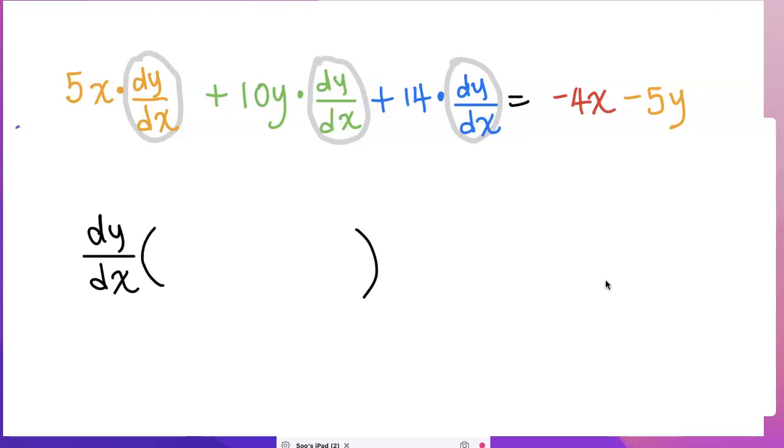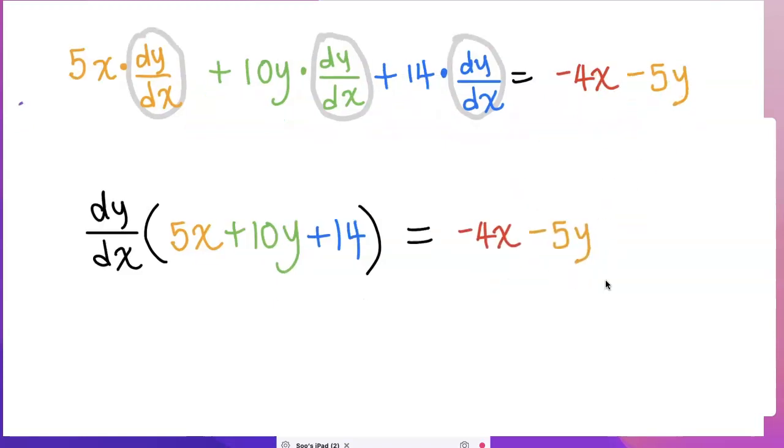From the first term, we have this 5x, so write down 5x. From the second term, I have this plus 10y. And from the blue part, what's left is plus 14. And all that equals the same thing on the right.